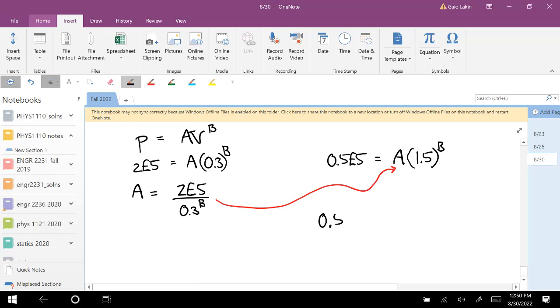And we get 0.5 times 10 to the 5th is equal to 2 times 10 to the 5th times 1.5 to the B over 0.3 to the B.